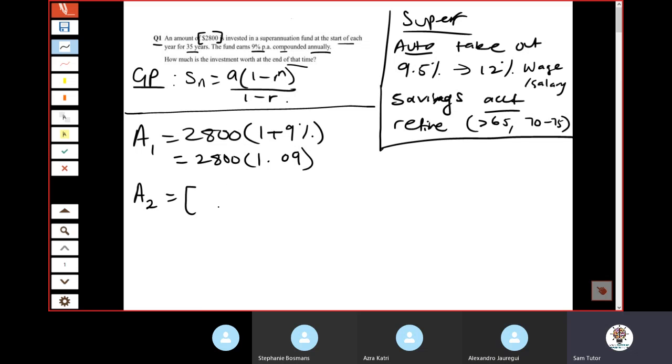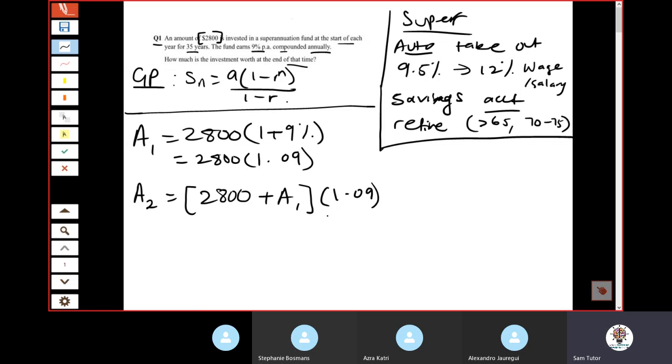Just quickly, what must you do at the beginning of the year? You must put in another 2,800. You're going to put another 2,800 on top of whatever happened in A1. And then that whole amount is going to grow by how much? 9%. Yeah, so again, multiplied by 1.09.